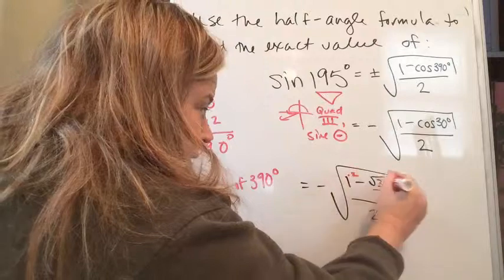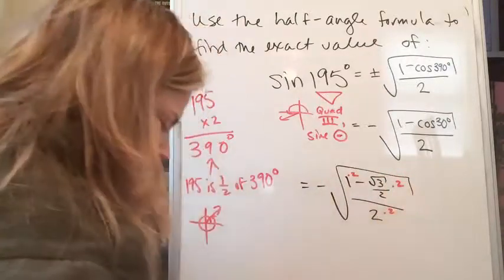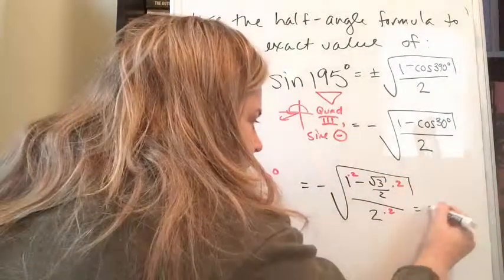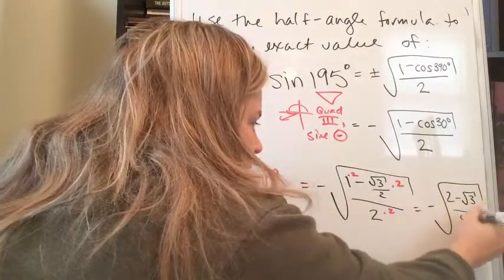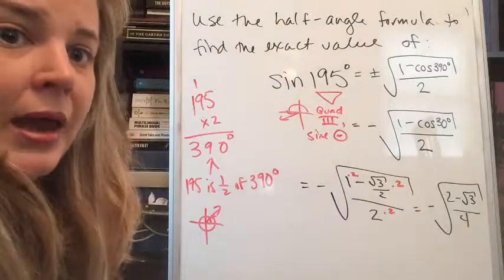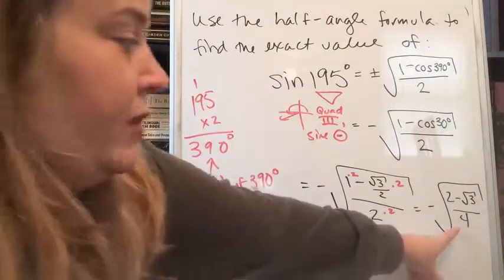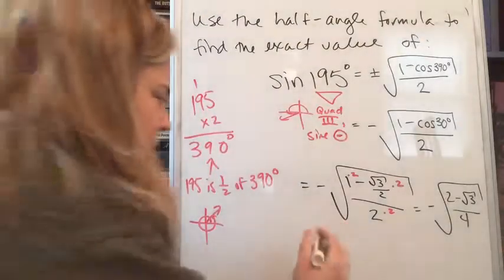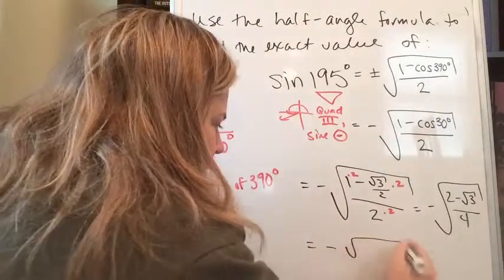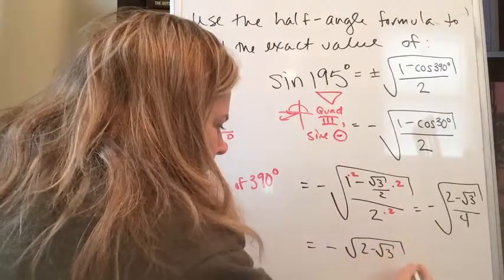I'm going to multiply this one by 2, this one by 2, and this one by 2. So we have negative square root of 2 minus radical 3 all over 4. And I can do one more thing. Because it's a perfect square in the denominator, I'm going to take the square root of that. So my final answer is negative square root of 2 minus square root of 3 all over 2.